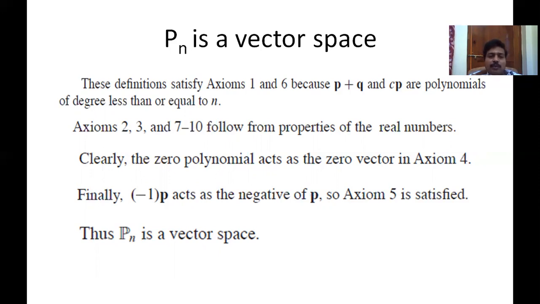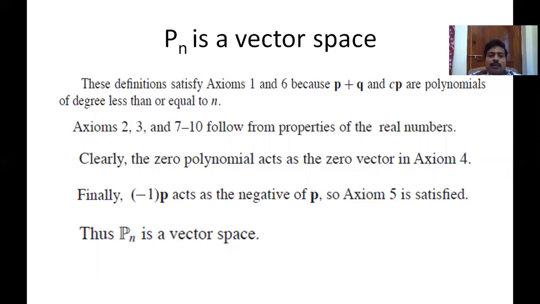Remaining axioms 2, 3. The second axiom is the commutative property. Since the real numbers are commutative, here also the vector addition is commutative. Polynomial addition is commutative. Associativity is also inherited from the real numbers. And 7, 8, 9, 10 are also satisfied, as we are dealing with real numbers.